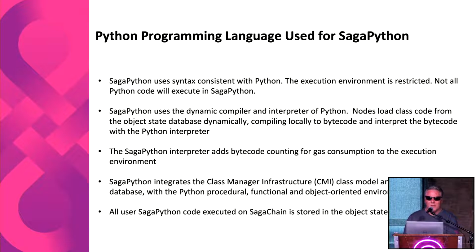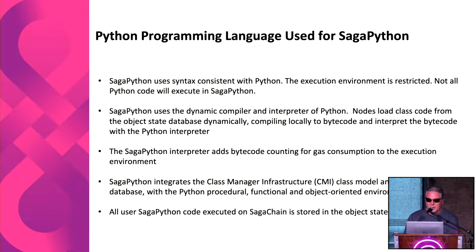The standard Python doesn't do that, of course. We do restrict the environment, and I talk about that at the end of the slides. Essentially, Python itself is designed to be a full system-level programming environment, talking to your OS and all those types of things, and that's not a good thing for distributing code across unknown, trustless nodes. So we take all that out.